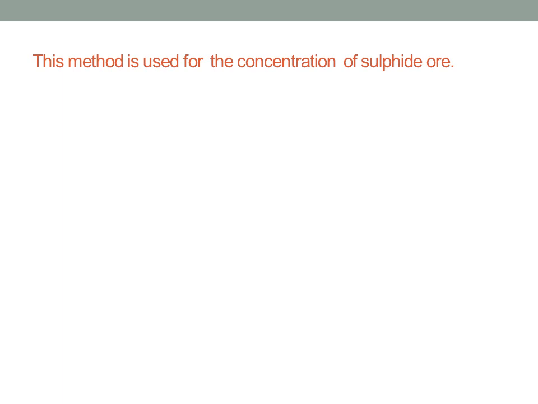Examples for sulfide ores are galena, which is lead sulfide, zinc blende, which is zinc sulfide, cinnabar, which is mercuric sulfide. So for the concentration of sulfide ore, that means for the purification of sulfide ore, we use the method of froth flotation.